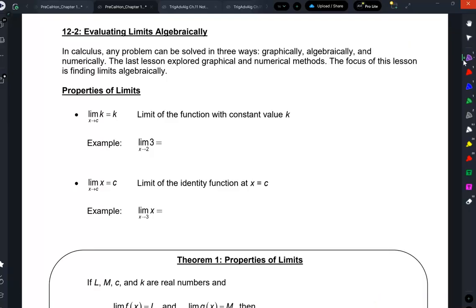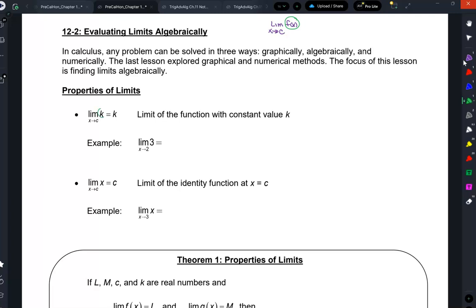Okay, so let's talk about some properties of limits. What is the limit as x approaches c of k? Now, we know limit notation looks like this, right? So the thing that goes here is the function.